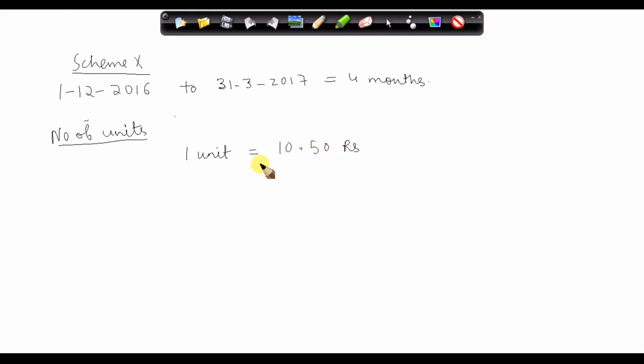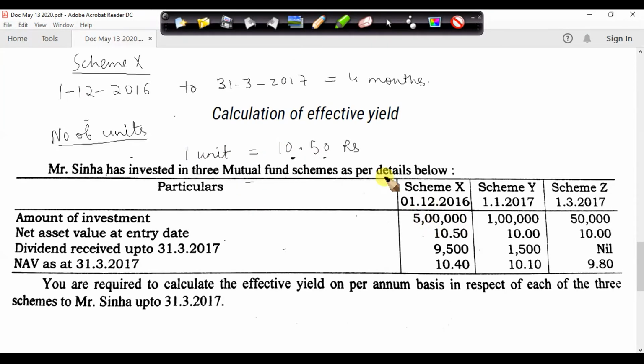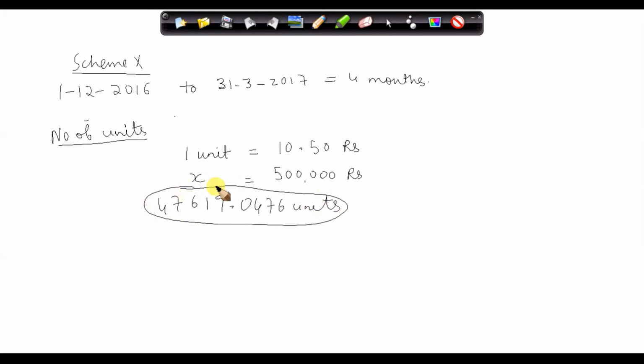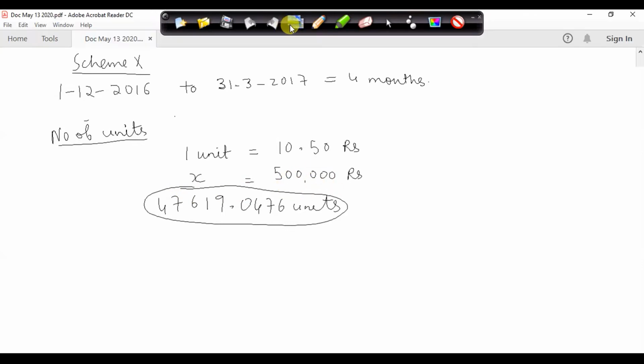Now this investor has invested 5 lakh rupees. So how many units is this investor going to receive? So 5 lakh I will multiply by 1 and then I will divide by 10.50. So 5 lakhs divided by 10.50, I am going to get 47619.0476 units. So these many units the investor has received against the investment of 5 lakh rupees.